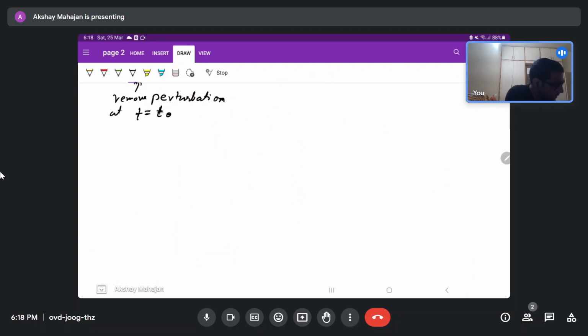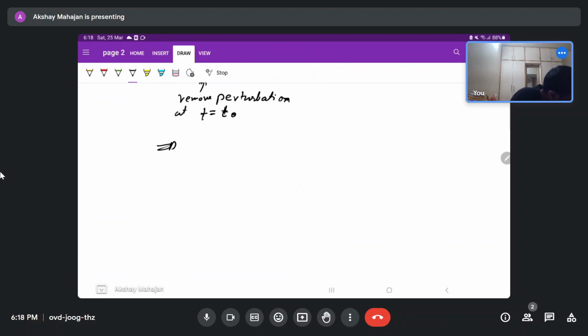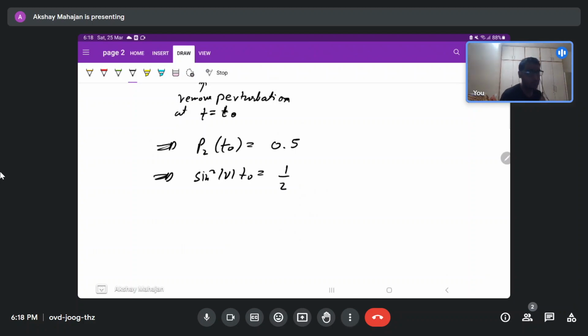And what is t naught? P2 at t naught, we know, is equal to 0.5. So basically what we have to find is that sine square of mod V at t naught has to be equal to half. That is, sine is 1 by root 2.